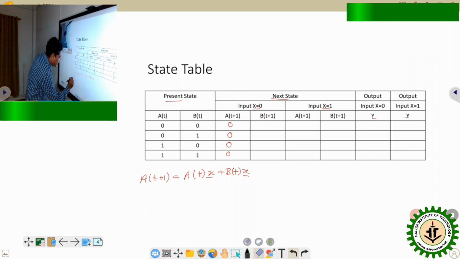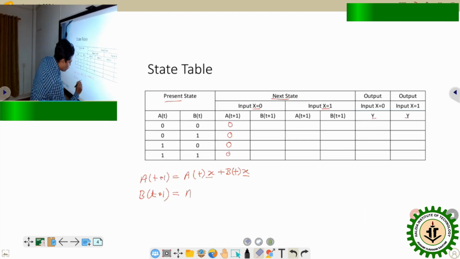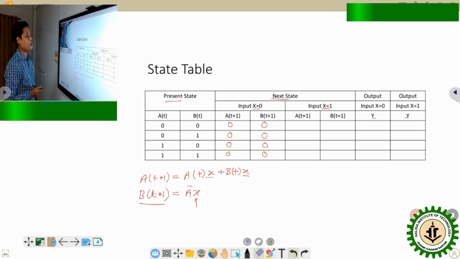Similarly, the next state B(t+1) is given by A complement X. So here also, if the input X equals 0, then the next state B(t+1) will also be equal to 0. So we can write here the next state B(t+1) equals 0 if X equals 0.